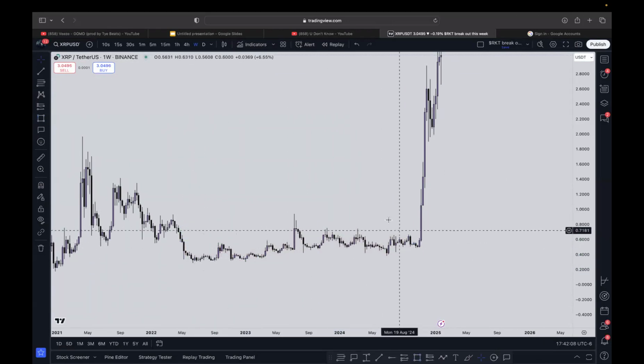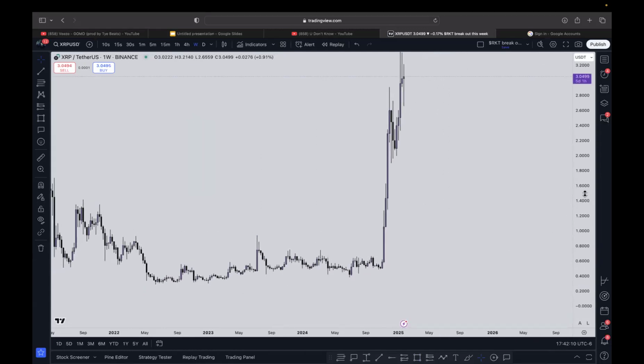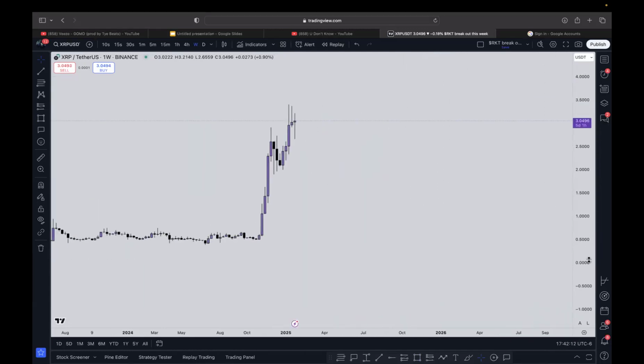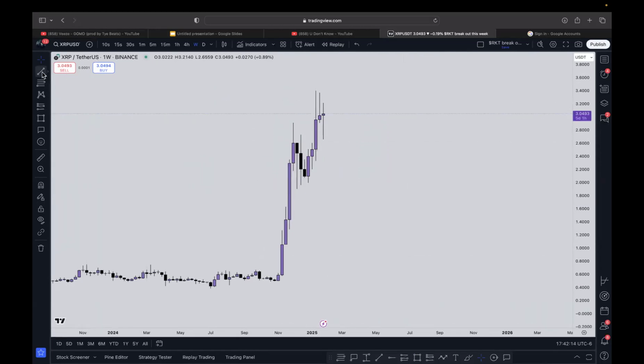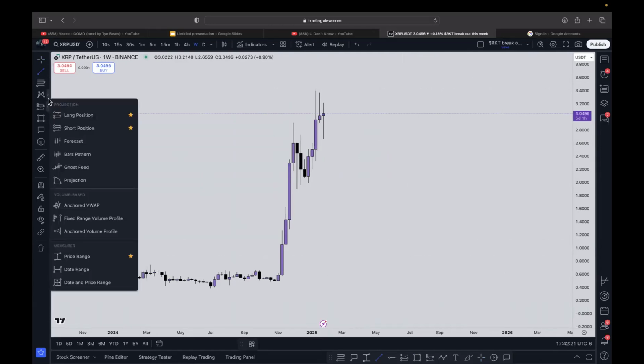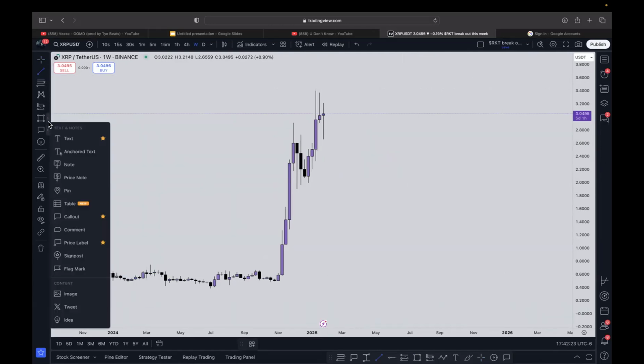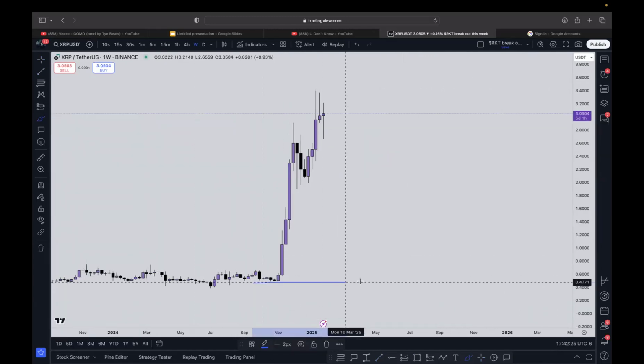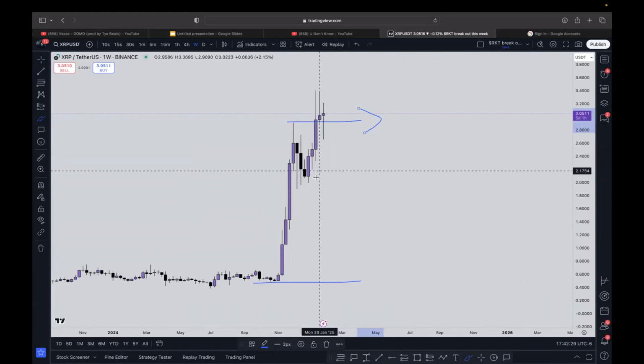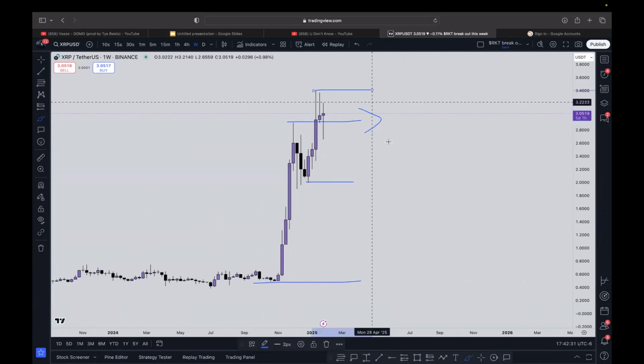Whereas stocks, it's not really gonna do that. But simply where price is right now for XRP, this low to this high, bullish range, shift to the upside, this low to this high, bullish range.